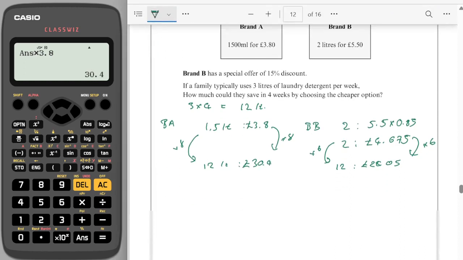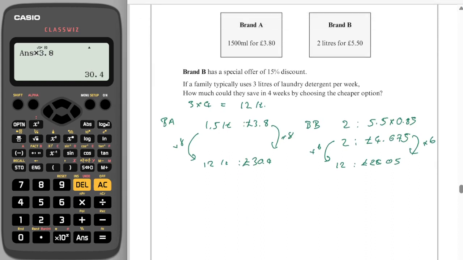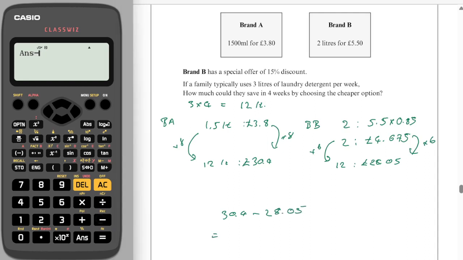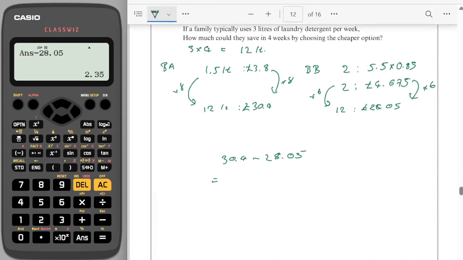So how much could they save in 4 weeks by choosing the cheaper option? I'm doing 30.4 minus 28.05, and as a decimal, that's £2.35. So they could save £2.35 by going with the cheaper option.